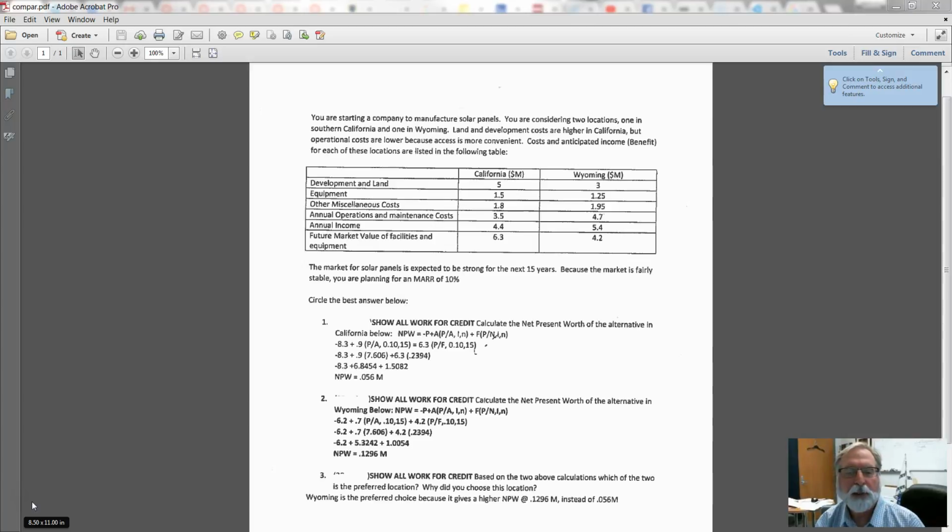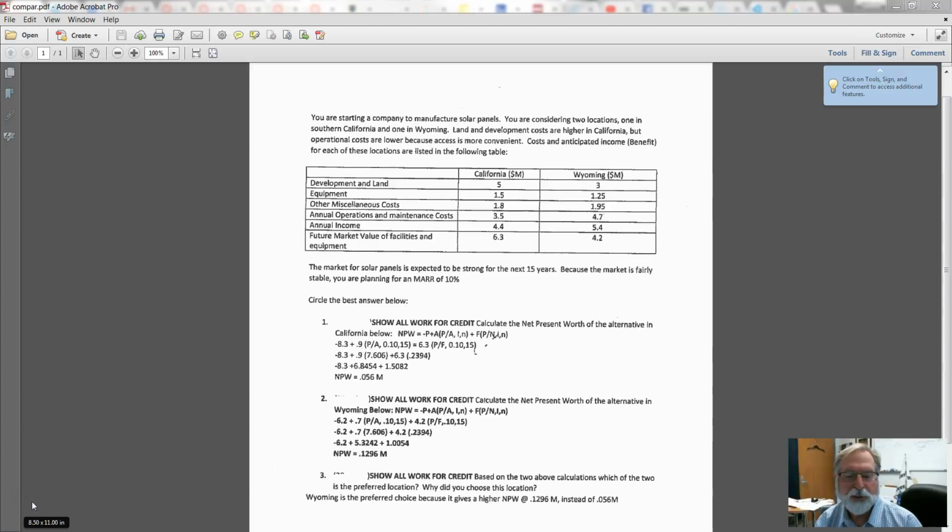And then we have 6.3 as a future value, and we see that it's 6.3 times 0.2394, and remember it's a future dollar value, so we're going to expect that it would be worth less than that in the present. So when we add that up, we come up with a net present worth of $0.056 million.